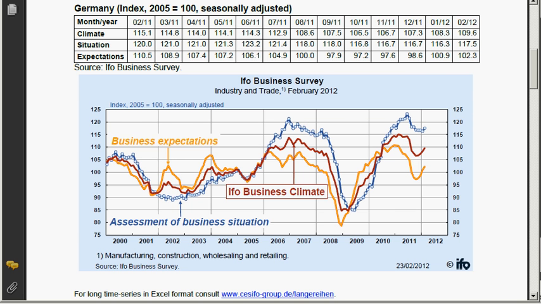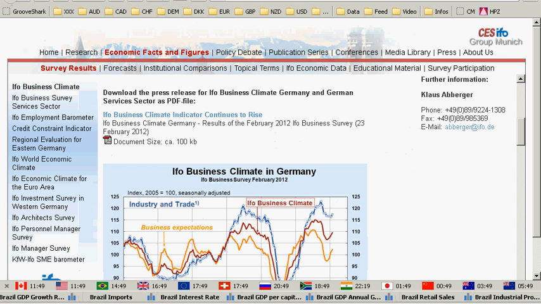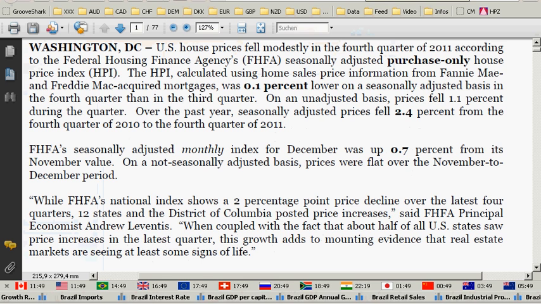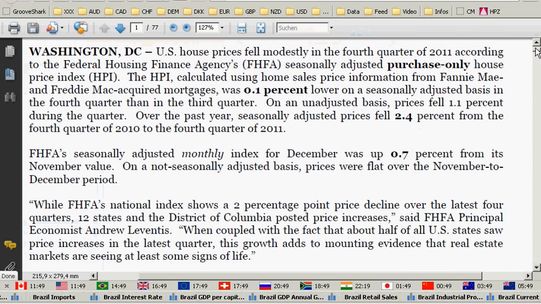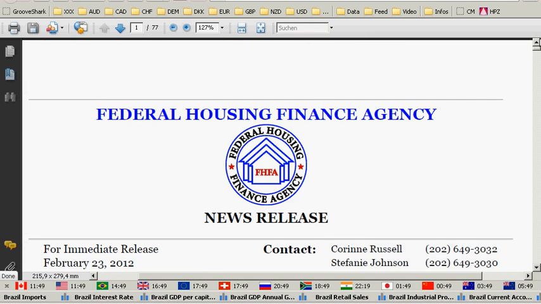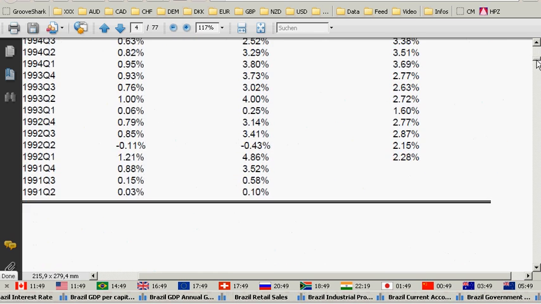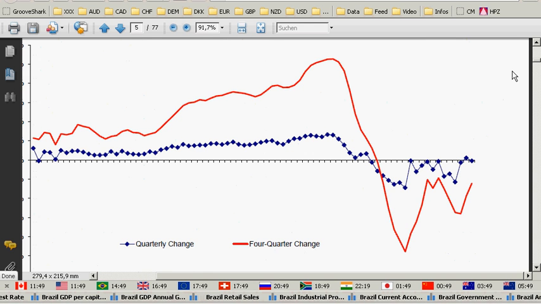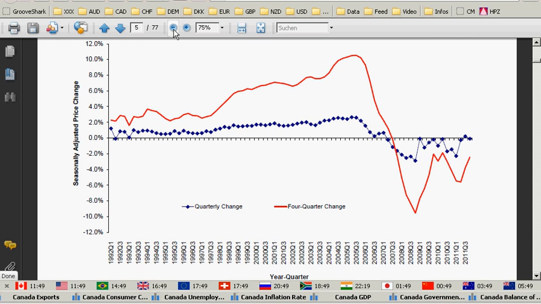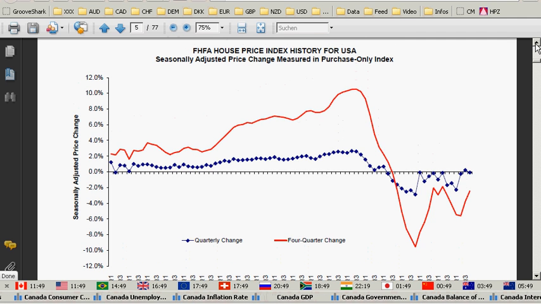And by the way, we've also got another data release today for the US dollar, from the housing market, from the Federal Housing Finance Agency, the quarterly FHFA house price index, seasonally adjusted price change.